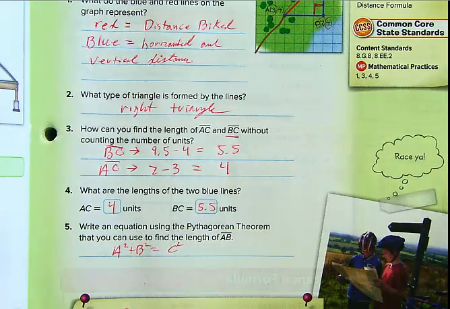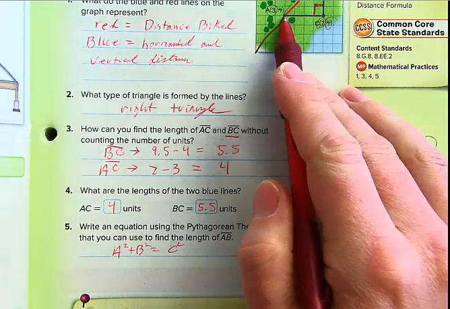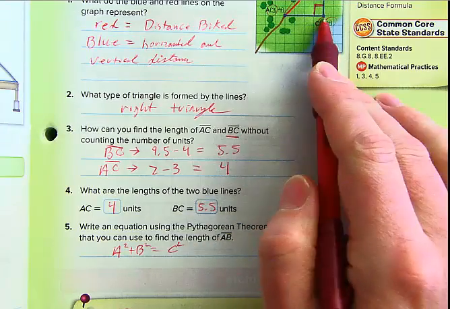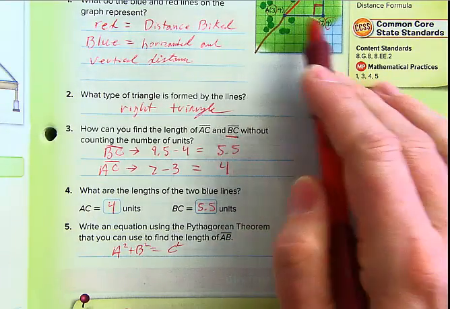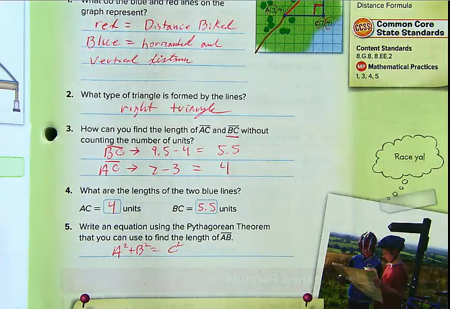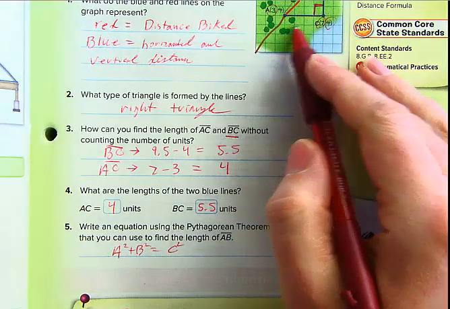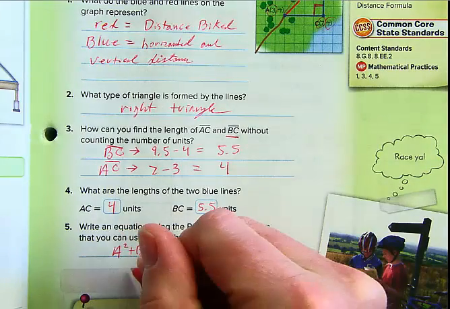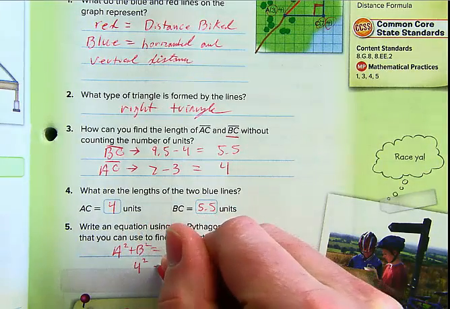Now, what do I know? Well, let's look at this line here. Is this an A, B, or a C? It's an A or a B. Doesn't really matter which one. Usually if it's along the bottom, like a base, I'll put that as B. So my AC line is 4, so I'm going to write 4 squared.